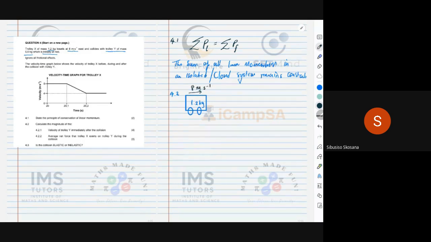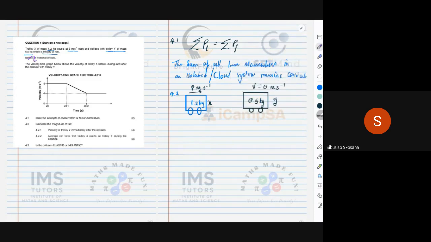Then we have another box here. This box here is at rest. It's not moving. So here, this is 0.5 kg at rest. That means V here is 0 meters per second, right? This is Y. This is X. So then we can start now.